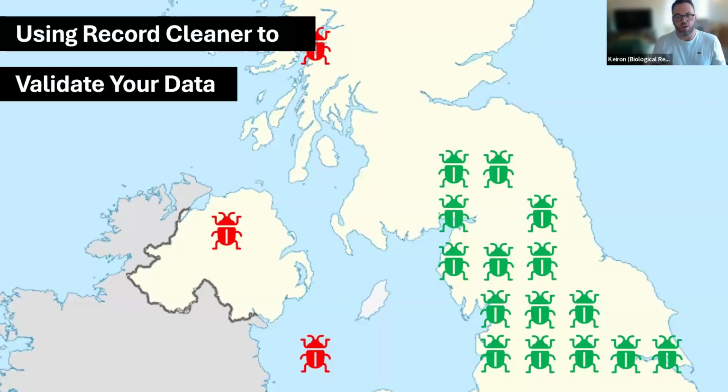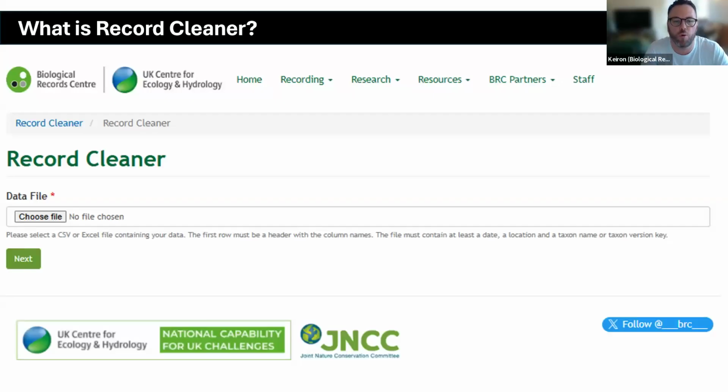So, right, we've talked about how these different aspects can be validated. Now let's look at how we can use Record Cleaner to validate that data. So what is Record Cleaner? Record Cleaner started life a fair few years ago as the NBN Record Cleaner, and it was a downloadable tool for checking your data.